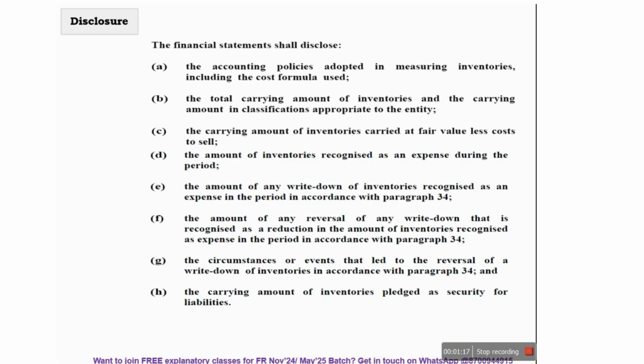So now we will discuss the extensive disclosure requirements that have been given in IND AS.